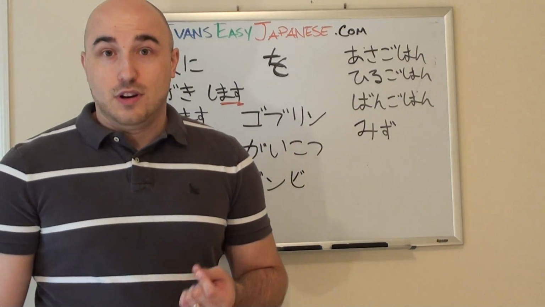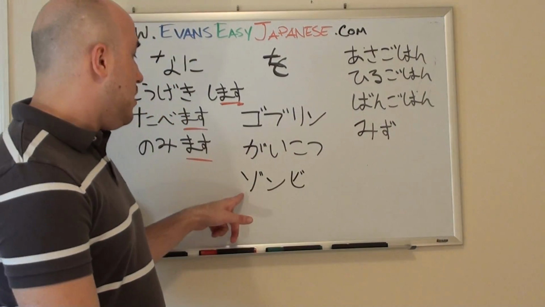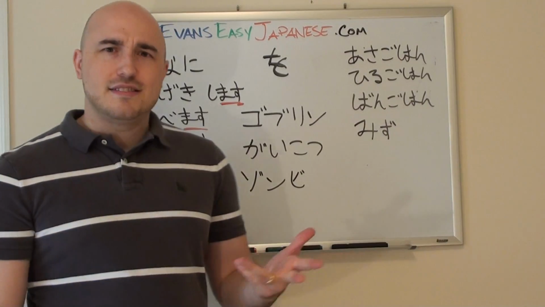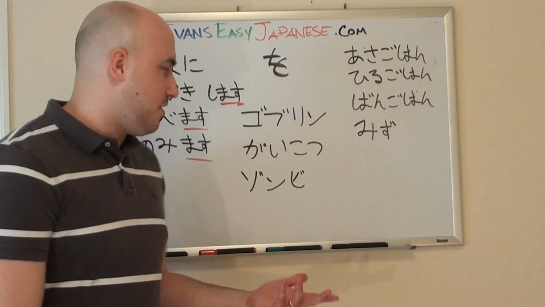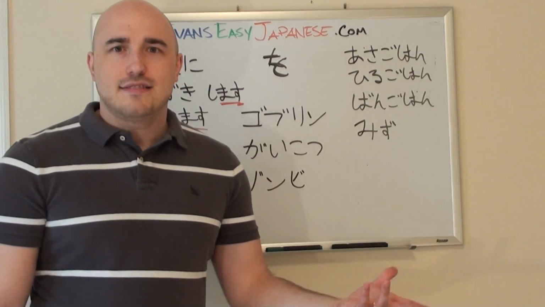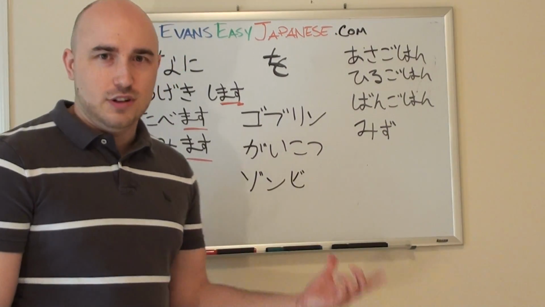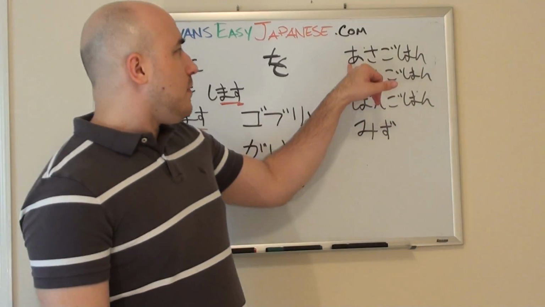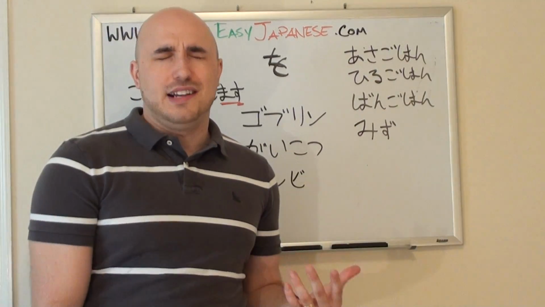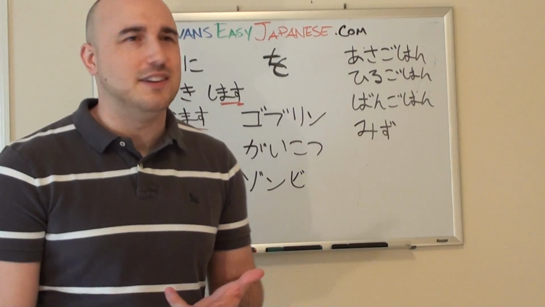Gaikotsu is the Japanese word. It's very common. Zombie. Zombies actually weren't really a frequent bad guy in Japanese mythology, so zombie does actually get the English word zombie. Zombie.